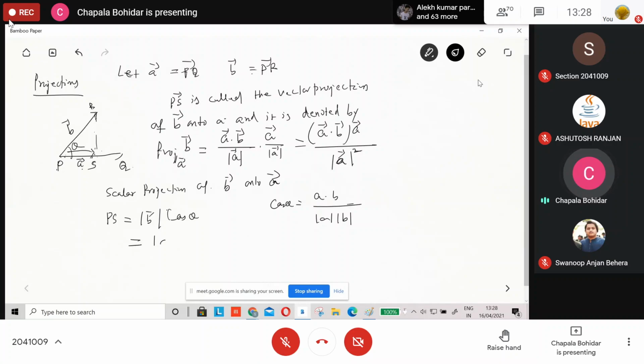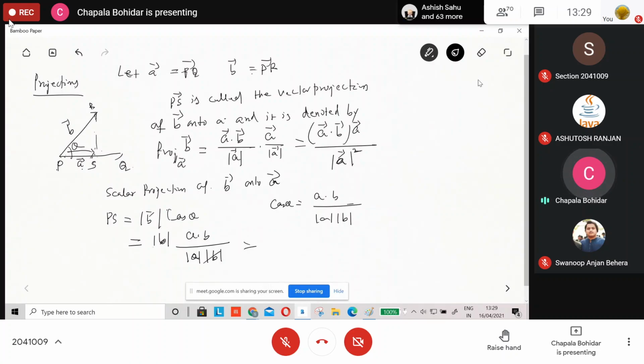So absolute value of B times cos theta, A dot B divided by the absolute value of A and absolute value of B. These two cancel out.